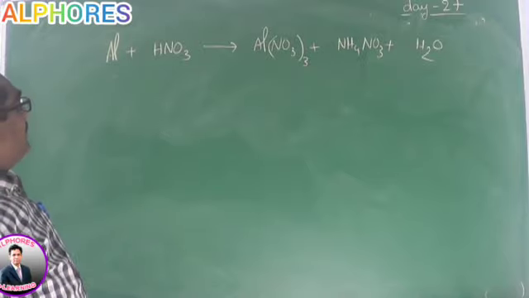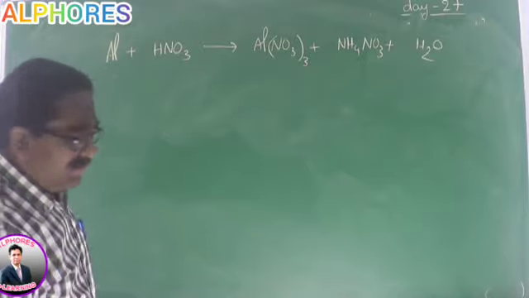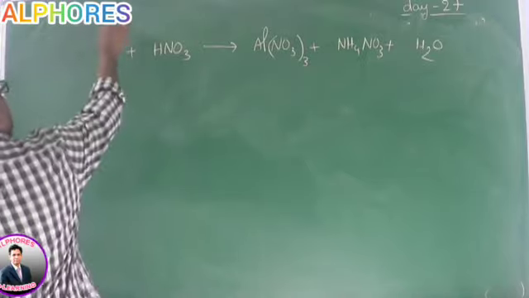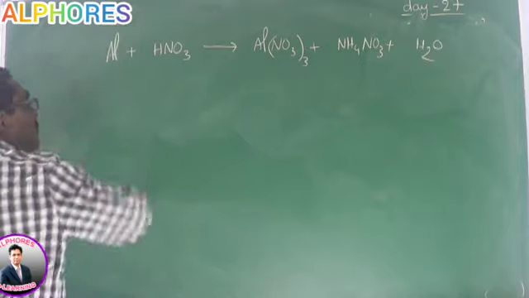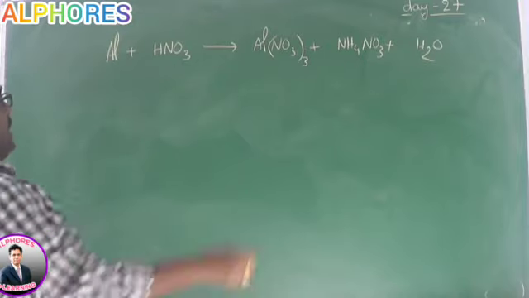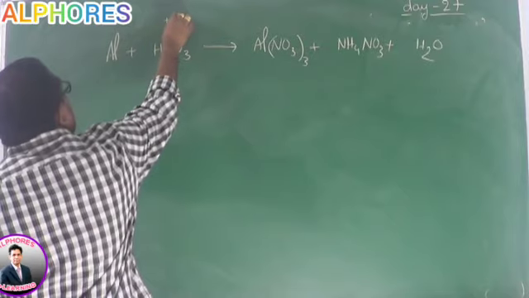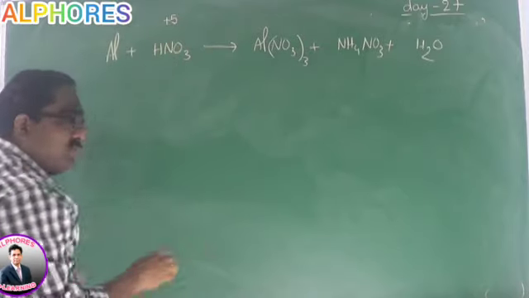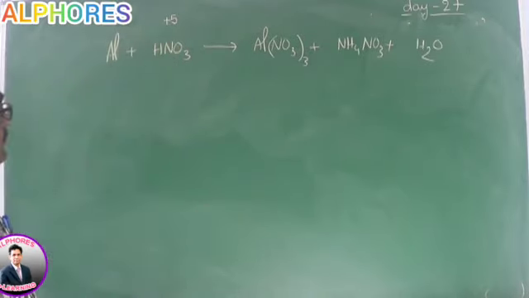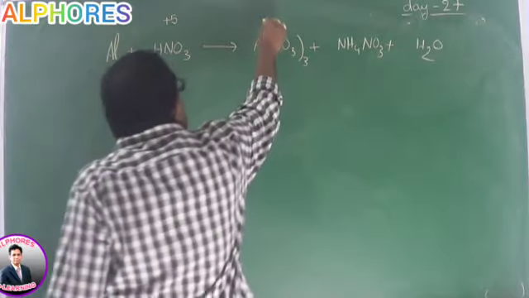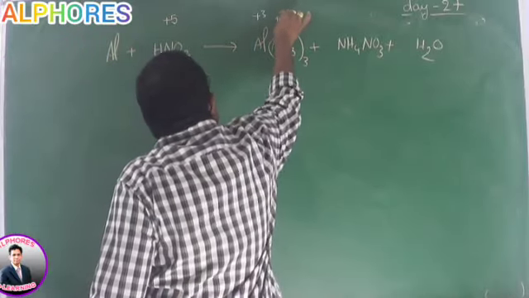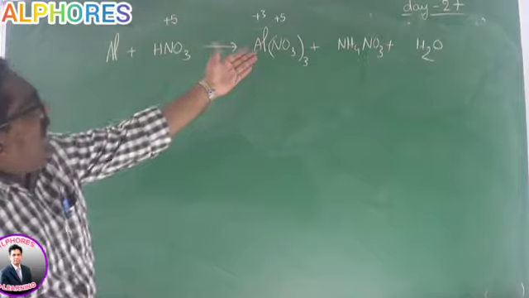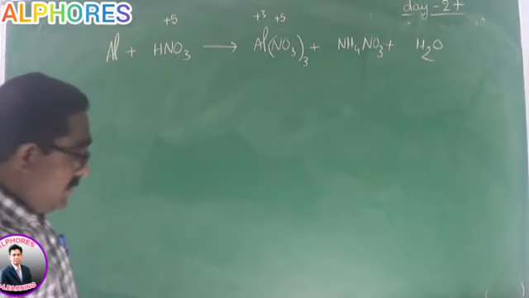Let me check. Aluminium is 0. In nitric acid, the oxidation state of nitrogen is +5 undoubtedly. Here aluminium is +3, nitrate is again +5, nitrate is nitrate wherever it is.